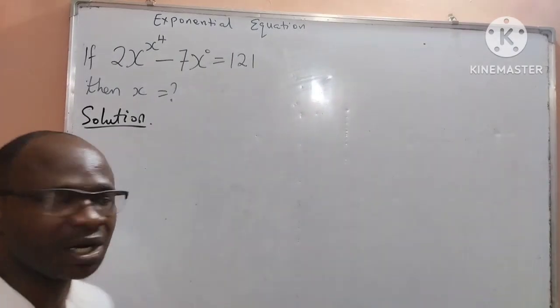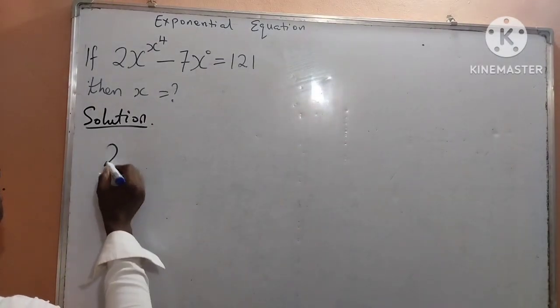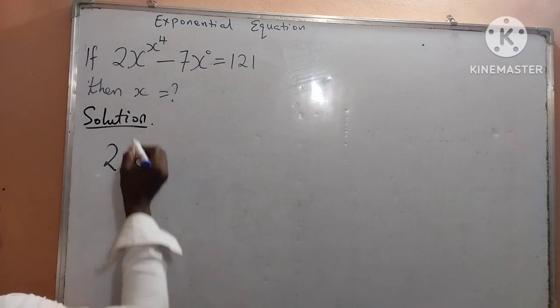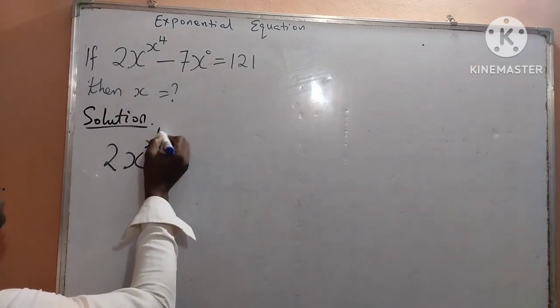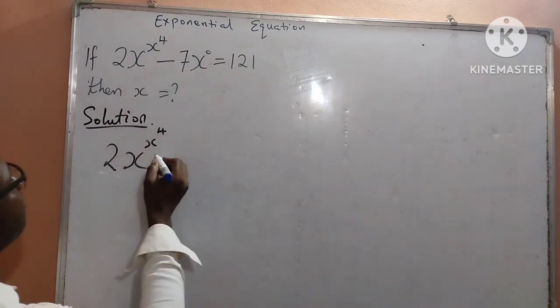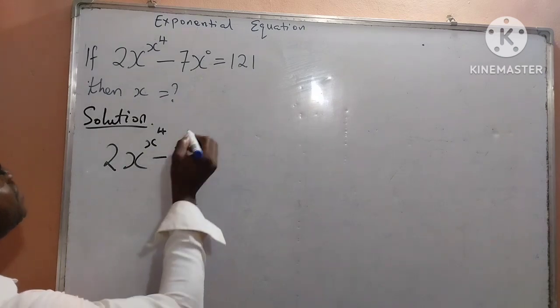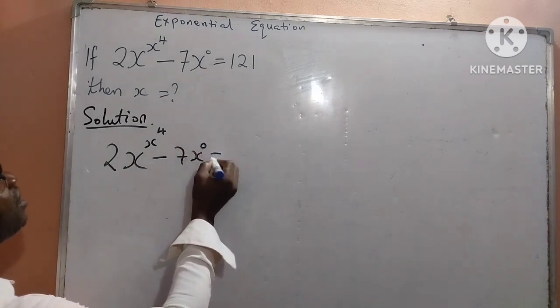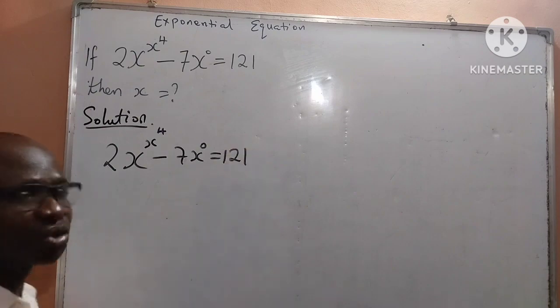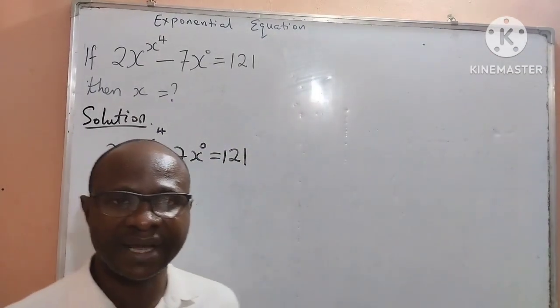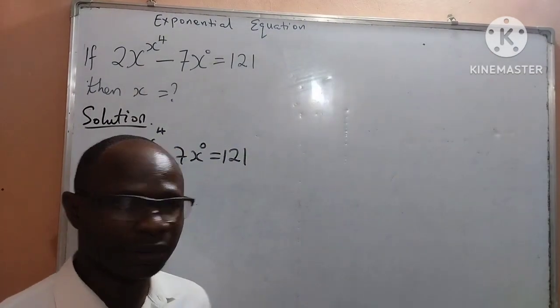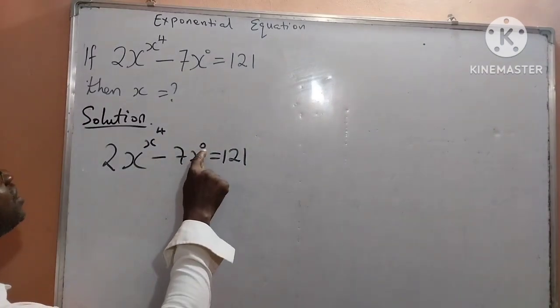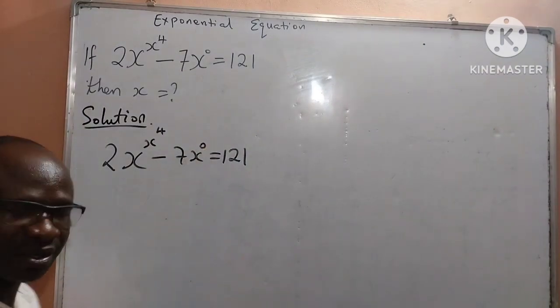By solution to this question, we are given to solve 2x raised to power x raised to power 4, minus 7x raised to power 0, equal to 121. We want to find x. The first thing we will do is to look at this x raised to power 0.